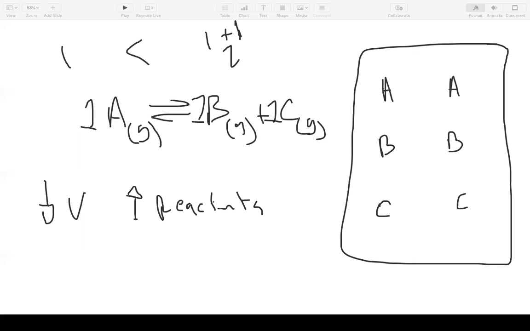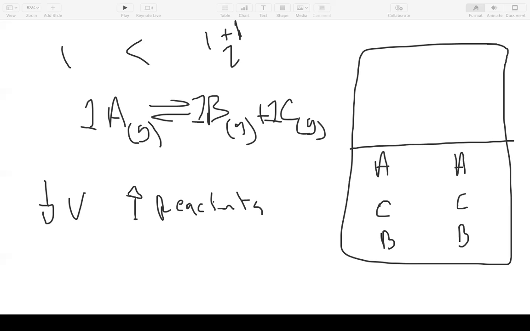So I'll go ahead and erase these. Let's say we cut the volume. We have B, we have A. Because we have less space, we're going to want to revert back to something that will take up less space.